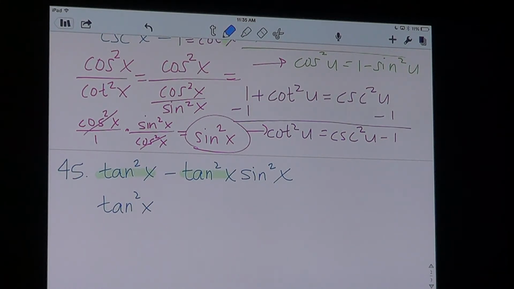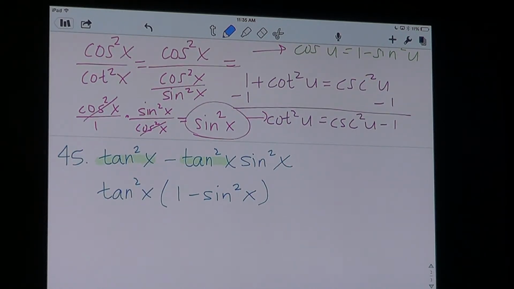Okay. So if we factor out a tangent squared x from the first term, we're just left with 1, right? And if we factor out the tangent squared x for the second term, what do we have there? Minus sine squared x. Right?